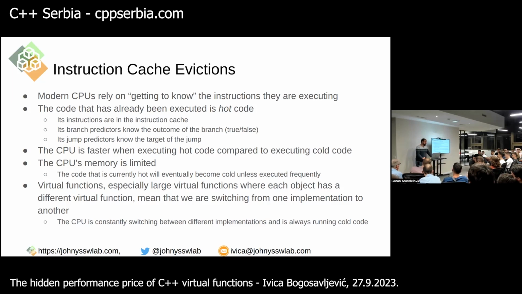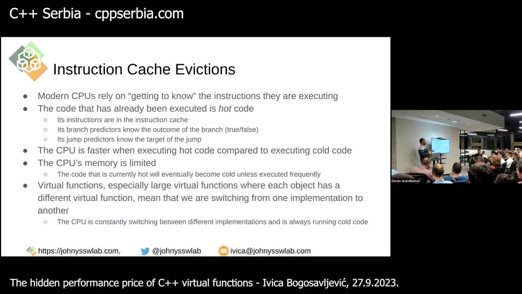Now, virtual functions, and especially large virtual functions, where each object has a different virtual function, mean we're executing function A, then function B, then C, D, and so on. Each time we move from A to B to C to D, we're executing cold code, not hot code. If you were executing function A 1 million times, the first 2 times would be cold, but on the third and fourth times it will be hot, and from that point on it will be hot.